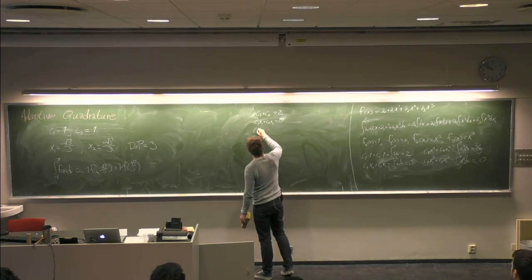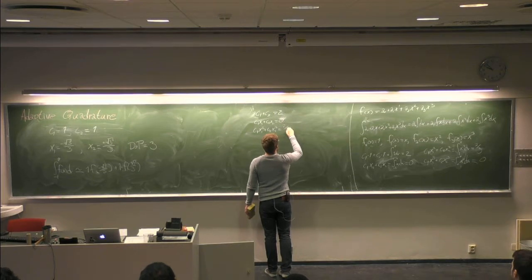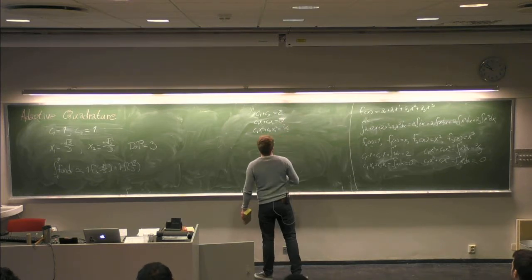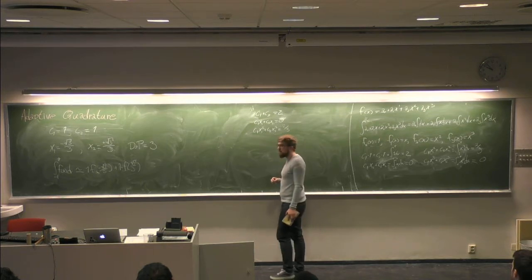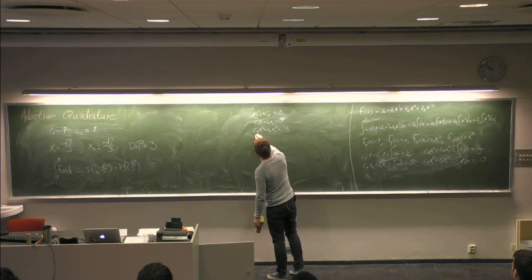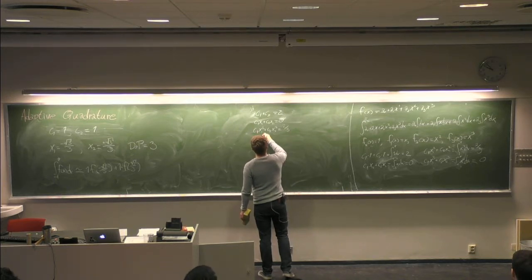Then you have c1 x1 squared plus c2 x2 squared should be 2/3. The only thing is these aren't linear equations, so you kind of have to solve them in a more complicated manner. c1 x1 to the power 3 plus c2 x2 to the power 3.